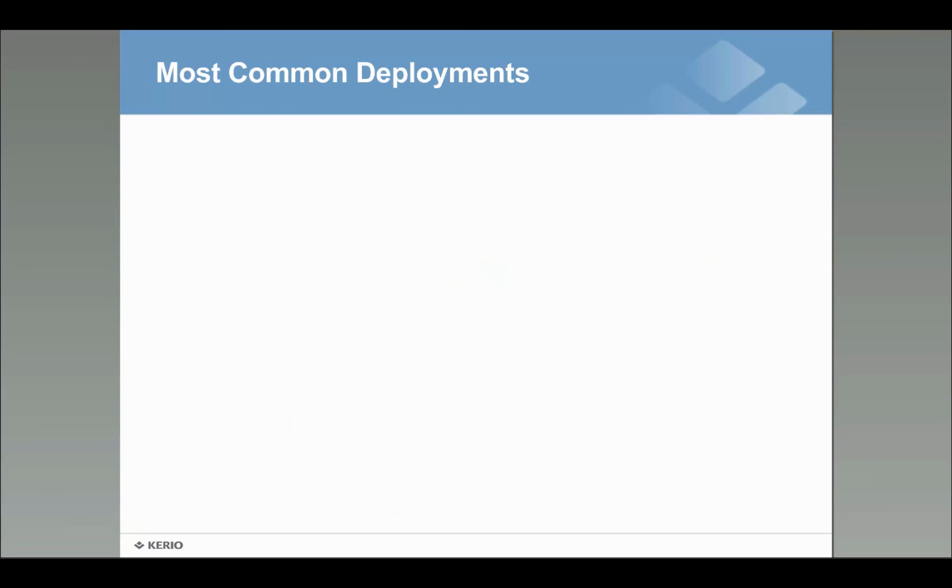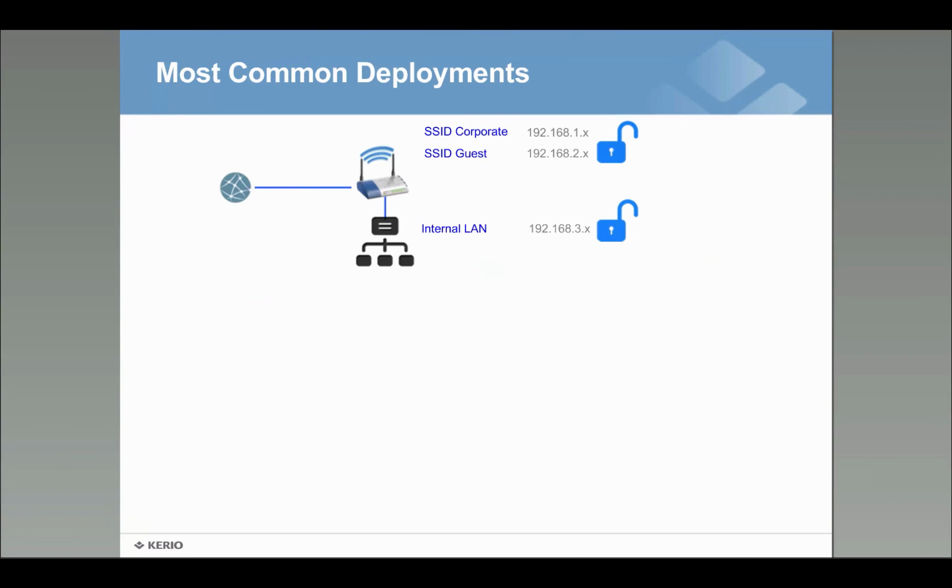With Wi-Fi, the most common deployments are where you use your router as a Wi-Fi device, and you attach your internal LAN with the IP address .3. Then you create an SSID for the corporate LAN, which is .1, and then you say you might as well use it for guests. By doing this, everything is wide open.